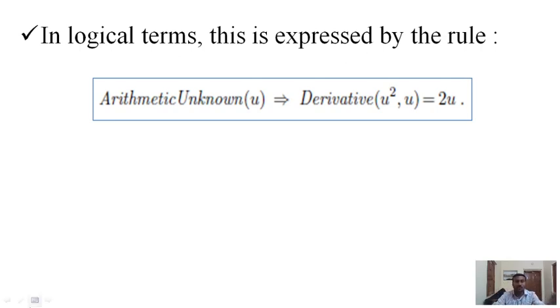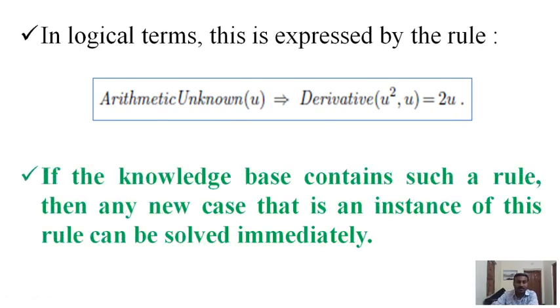Logically, this is the formula: Arithmetic unknown u is equal to derivative of x square, here u square comma u is equal to 2u. So the variables are changed. There we used x, here we use u, but it is the same formula: the derivative of x square with respect to x is equal to 2x. So in a logical manner we represent the same concept in this format.